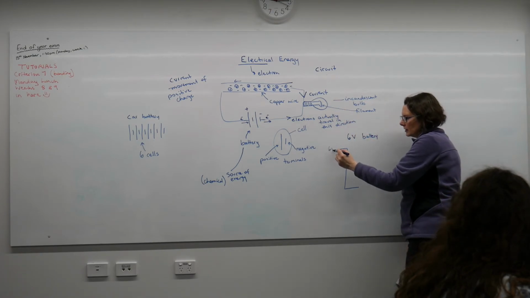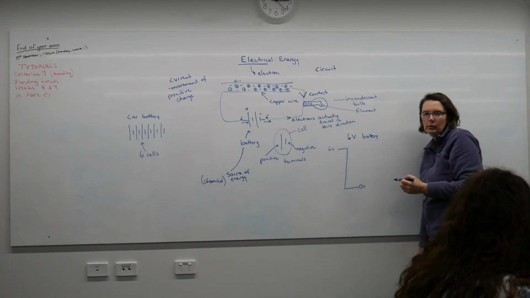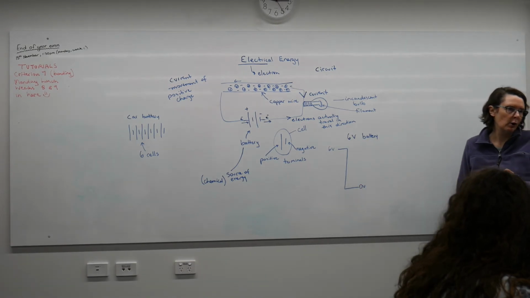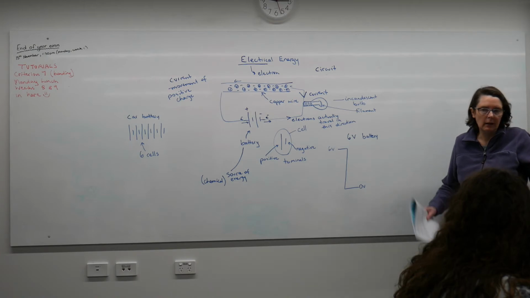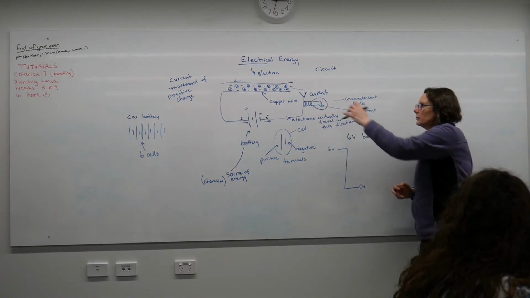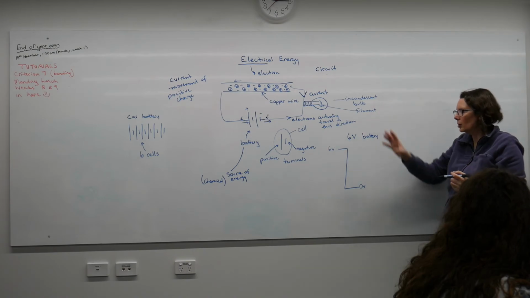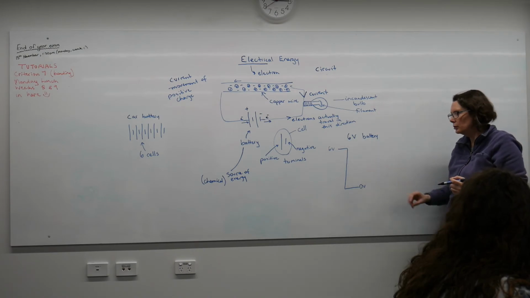If I started out at 6 volts here, I end up using up all my volts across my light bulb in this circuit. However, whatever kind of drain there is from the battery, from the light bulb, it's going to lose that energy.